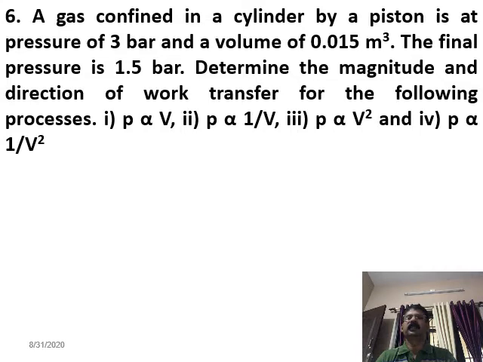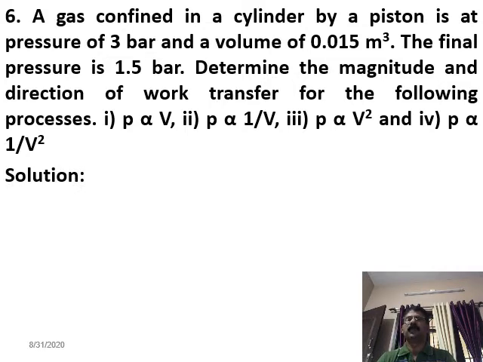The first numerical: a gas confined in a cylinder by a piston is at a pressure of 3 bar and volume of 0.015 meter cube. The final pressure is 1.5 bar. Determine the magnitude and direction of work transfer for the following processes.